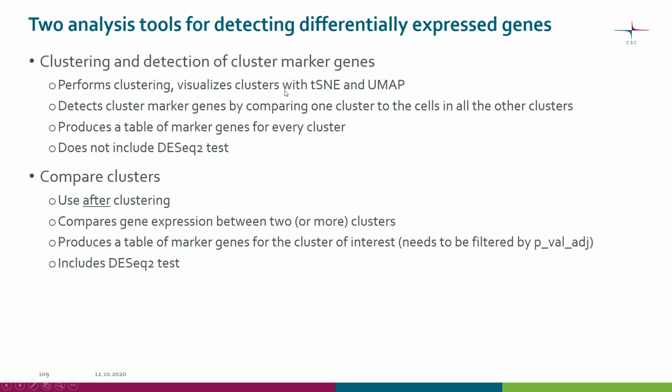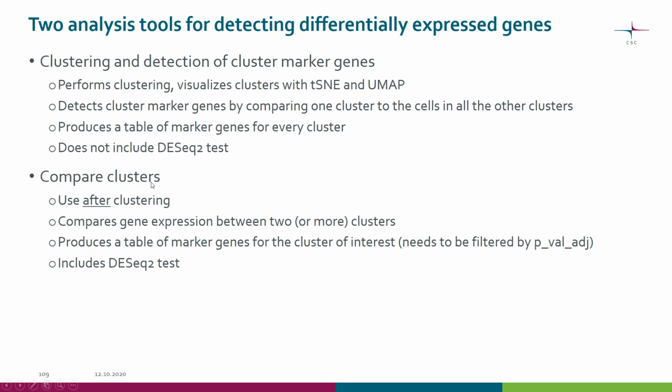Then it visualizes the clusters using tSNE and UMAP, and then it detects cluster marker genes by comparing one cluster to the cells in all the other clusters. And then it comes up with that big table of marker genes for every cluster, which you can filter. This tool does not include the DESeq2 test because it would be very, very slow.